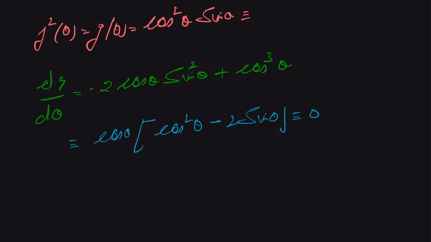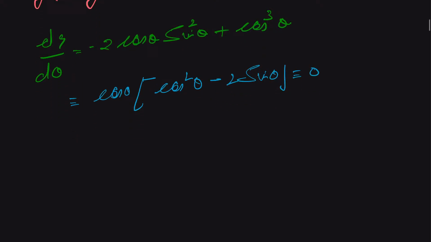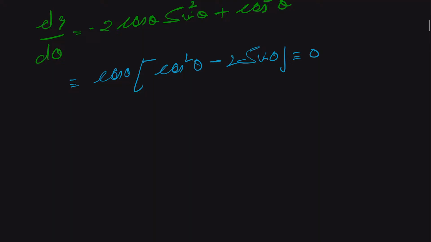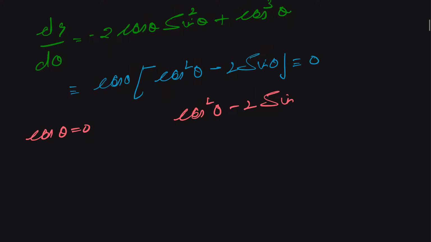Either cos of theta will be equal to 0, or cos square theta minus 2 sine square theta is equal to 0. Okay.